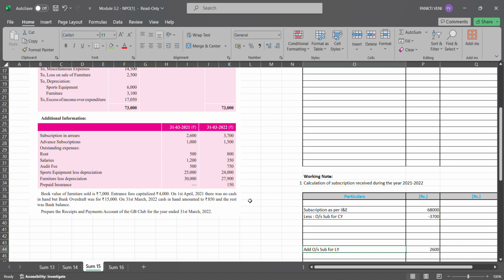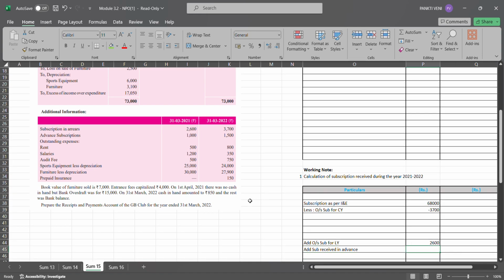So last year subscription received in advance, you have to add. I'm working in reverse here. Subscription received in advance, you have to add.